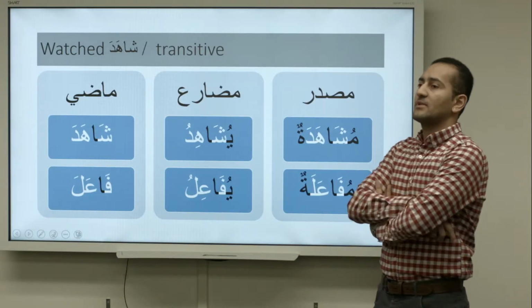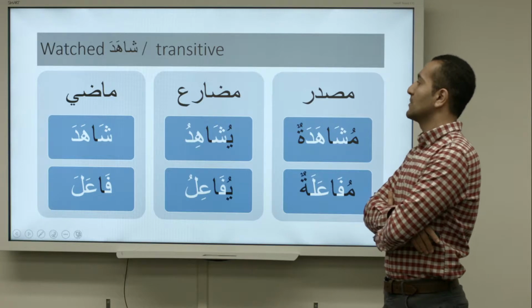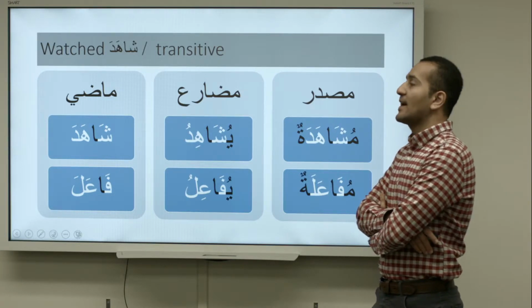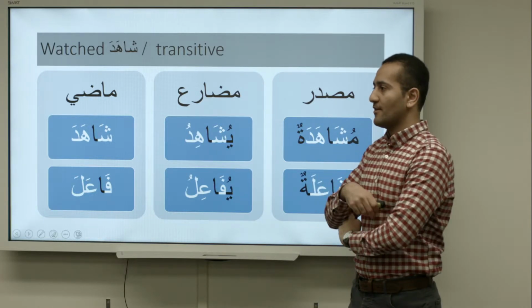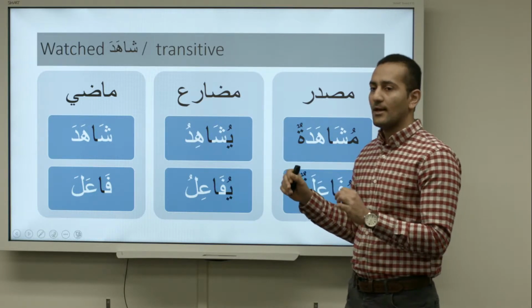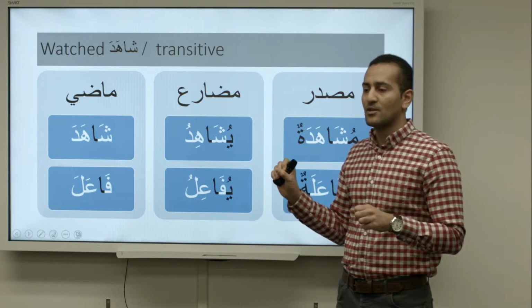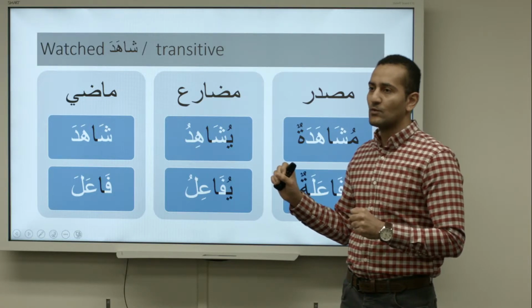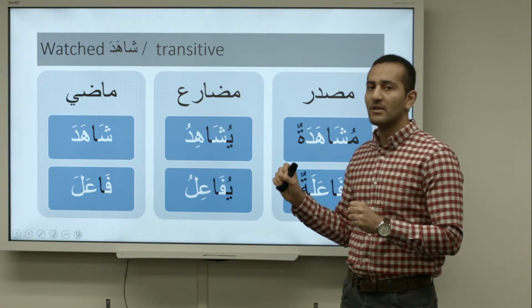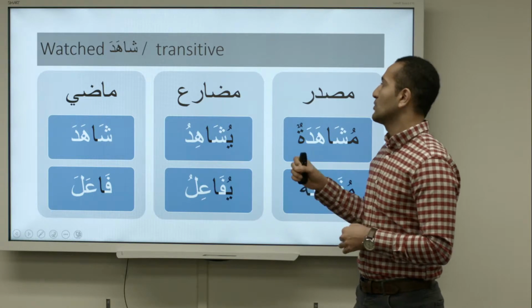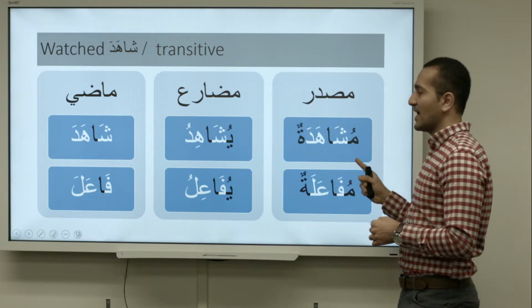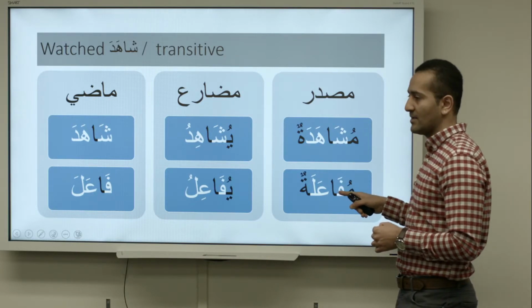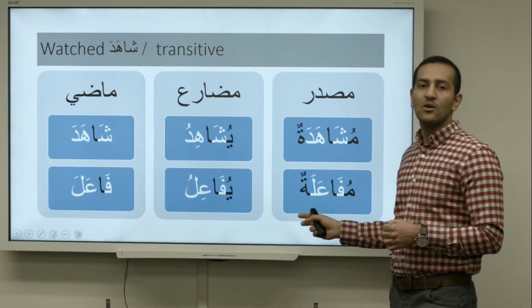Let's see examples of the verb form 3. شاهد, watched. فاعل is the pattern, and the new word created from the root will be شاهد. So شاهد is transitive, and we can see here the masdar is مشاهدة, and the pattern will be مفاعلة.